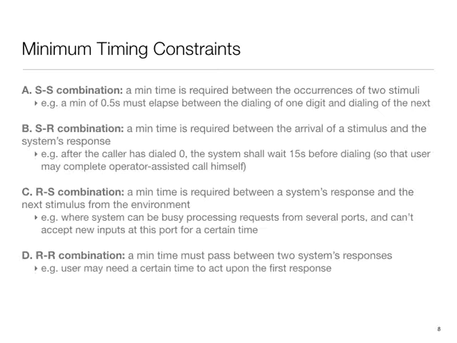So this is often the case when the outside world is, let's say, a human or something, right? Too rapid, you might miss it. Response to stimulus, so minimum time between the response and the next stimulus from the environment. And then finally RR. So they correspond to obvious interpretations.